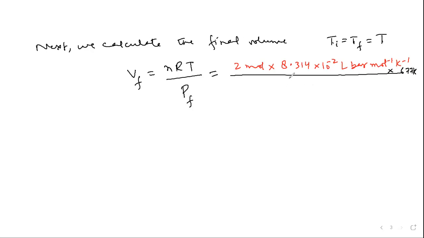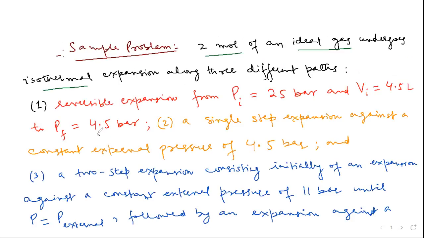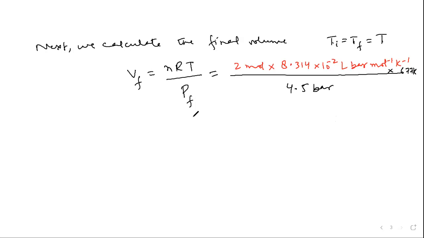Right? n, R, and T we have substituted. And downstairs we have final pressure, which is given as 4.5 bar. This is given here, 4.5 bar. We substituted all the values.